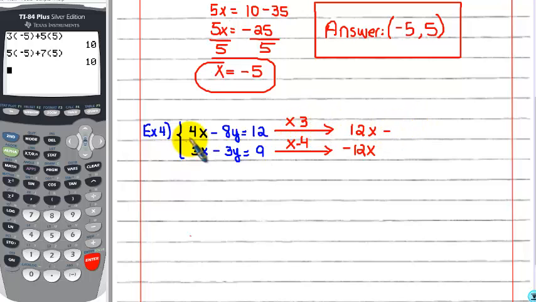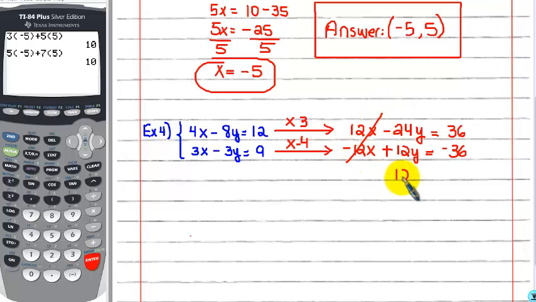So let's do that. Negative 8y times 3 is negative 24y. Then we have 12 times 3 equals 36. And on the bottom I have negative 3y times negative 4 equals positive 12y. And 9 times negative 4 is negative 36. So what happened here is the 12x cancel.